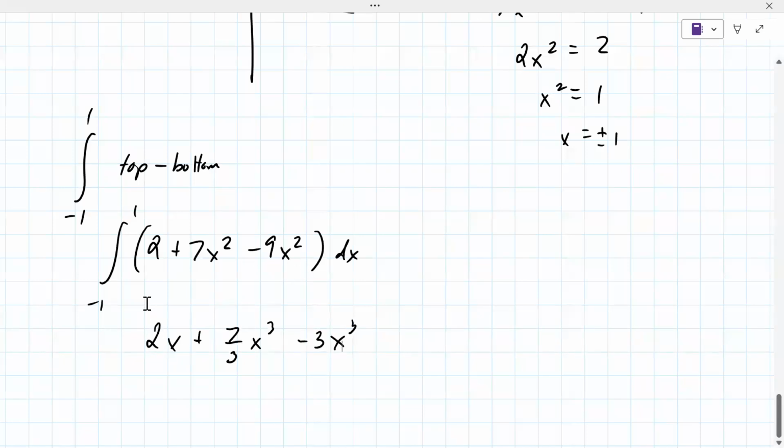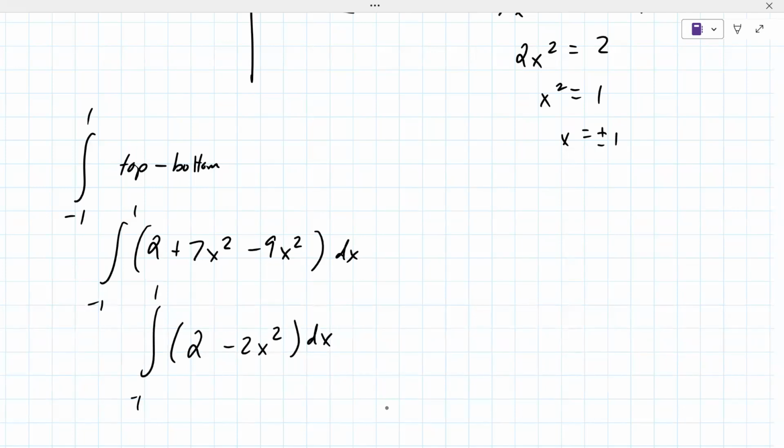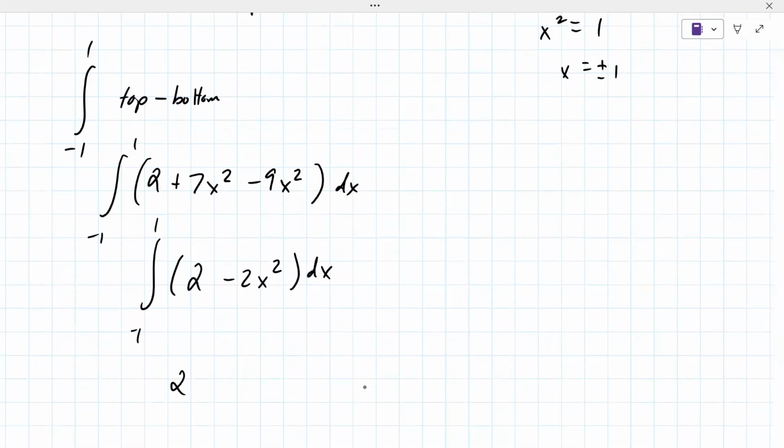I should have combined these. Let me do that, that's really sloppy. 2 minus 2x squared. All right, so that'll be better. So it's 2x minus 2/3 x cubed, evaluated from -1 to 1.